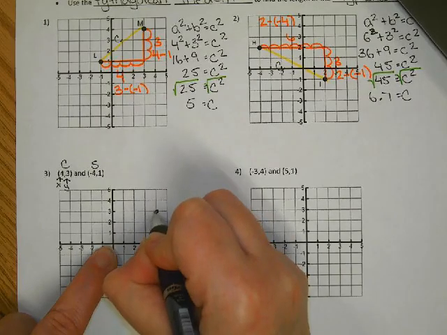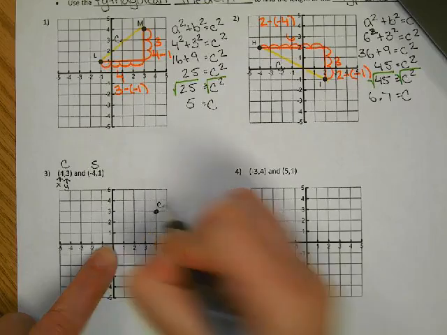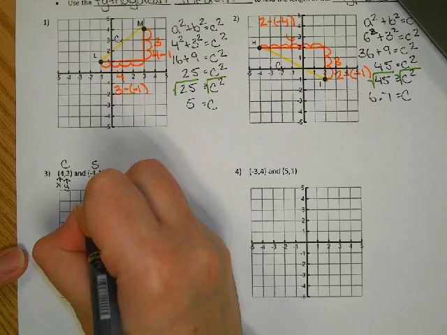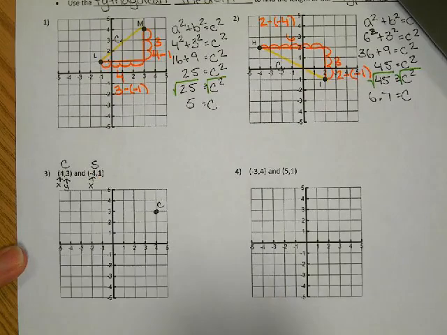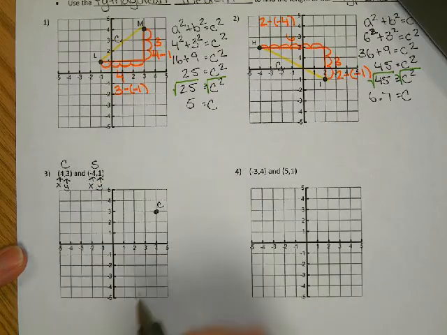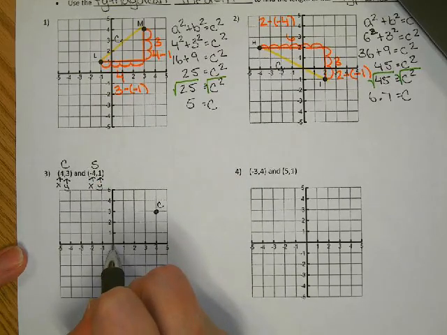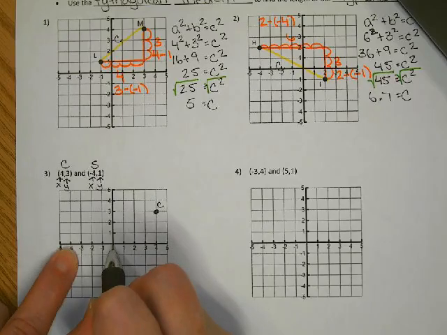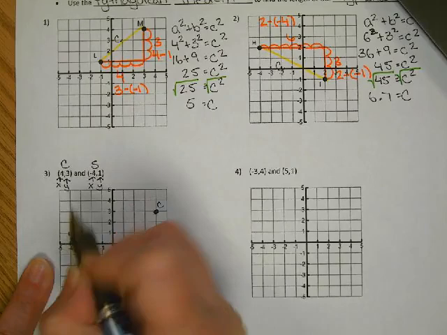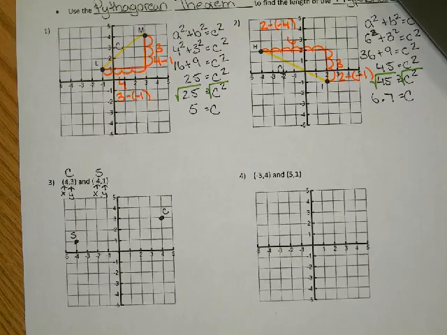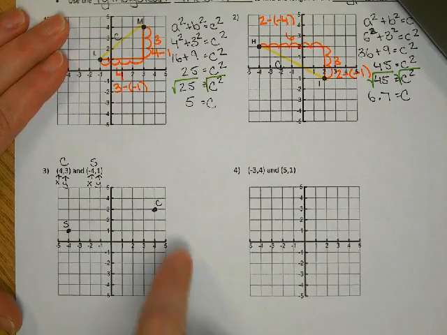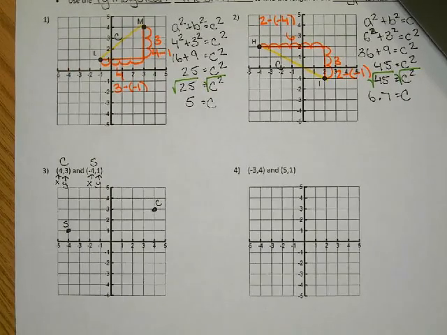So this is C. This one tells us we're going to move to negative 4 on the X and to positive 1 on the Y. So we start at the center, the origin, negative 4 on the X and up 1 on the Y. So there is S. Go ahead and find the distance between C and S.